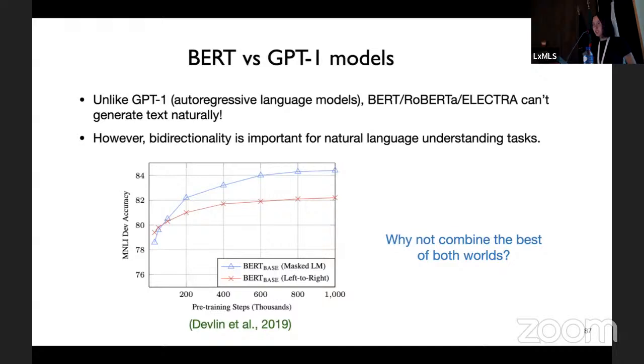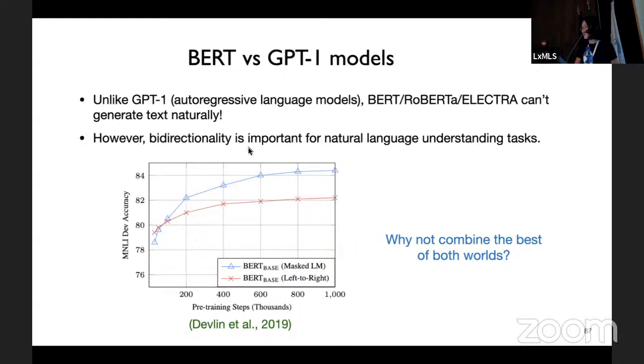Finally, I just want to say the GPT-1 model is really important, but the GPT-1 model uses a transformer decoder, while the BERT model uses a transformer encoder with masked language modeling. At that time, people still believed that bidirectionality was very important for natural language understanding tasks.